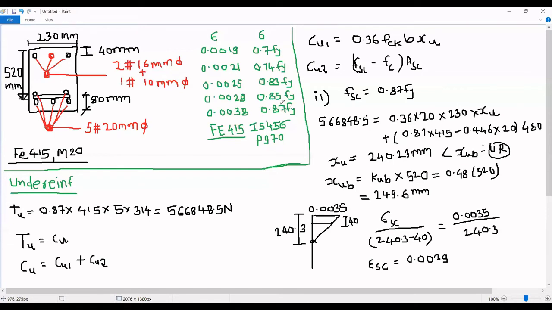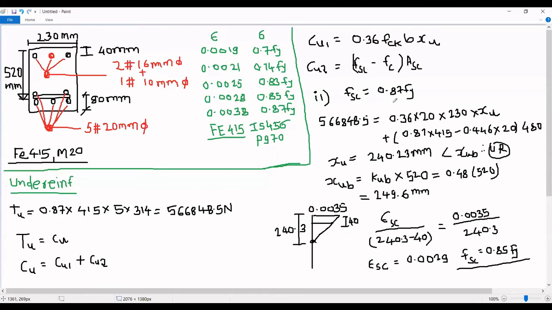So for strain equal to 0.0029, the stress is going to be somewhere close to 0.85 Fy. So I would write FSC therefore is equal to 0.85 Fy. What is the FSC that we assumed? We assumed the FSC to be equal to 0.87 Fy. Therefore, there is a slight discrepancy.